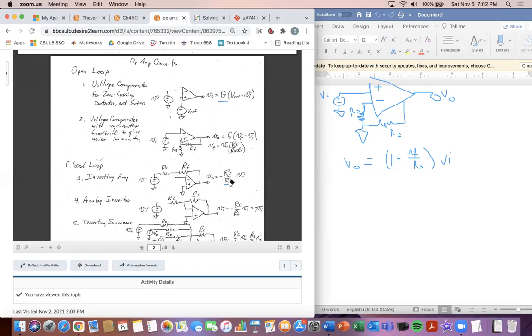So for the first two, if we ever get asked about V output, the value is going to be infinity. Not for the gain, but for V output, because V output is the gain times whatever else, and since the gain is infinity, then V output should be infinity, no? Okay, but remember that it's not going to be infinity, because remember the rule that the output can only approach within 1 volt of the voltage supplied.